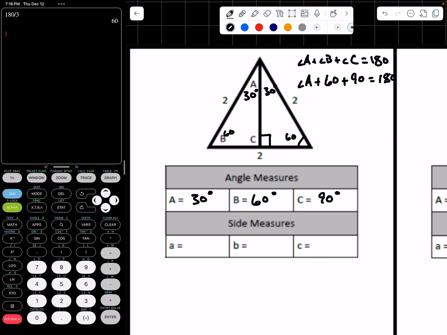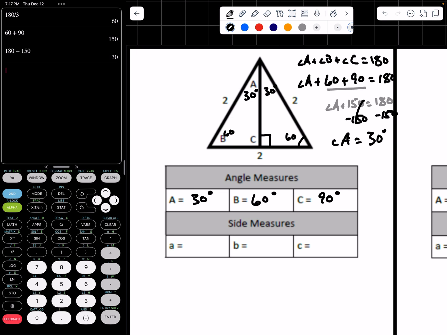They all equal 180. 60 plus 90 equals 150. So angle A plus 150 equals 180. Subtract 150 from both sides. Angle A equals 30 degrees. So that confirms that angle A does in fact equal 30 degrees.